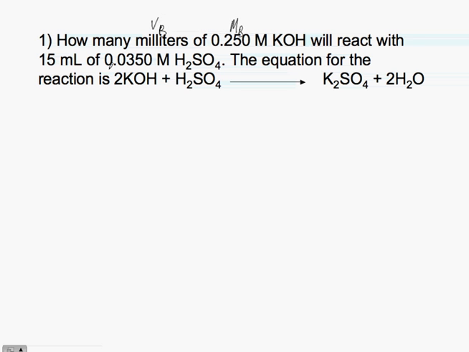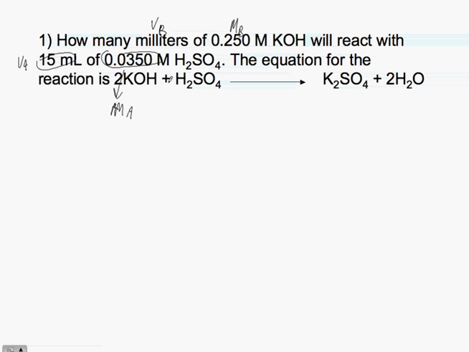Will react with 15 milliliters of 0.35 molar H2SO4. So 15 milliliters is the volume of my acid, and this 0.35 molar H2SO4 is the molarity of my acid.